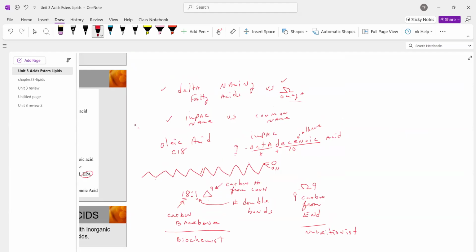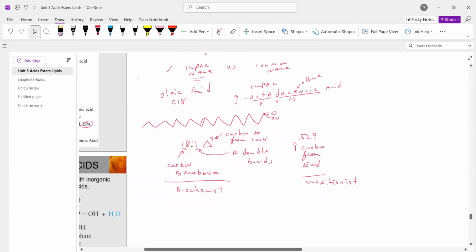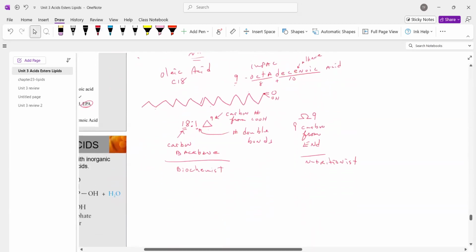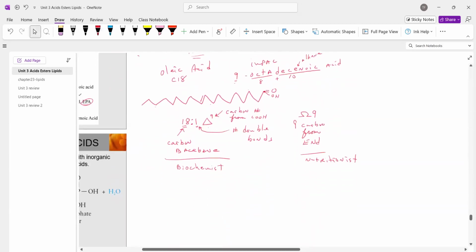It's the least descriptive way, however. The IUPAC way is accurate, and the delta method is also accurate. Oh, and then there's the common name too, so I guess there are four ways. Common name tells the least about the acid. The delta and IUPAC are the most accurate.